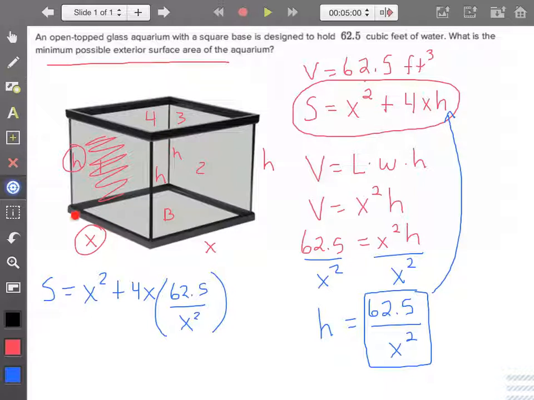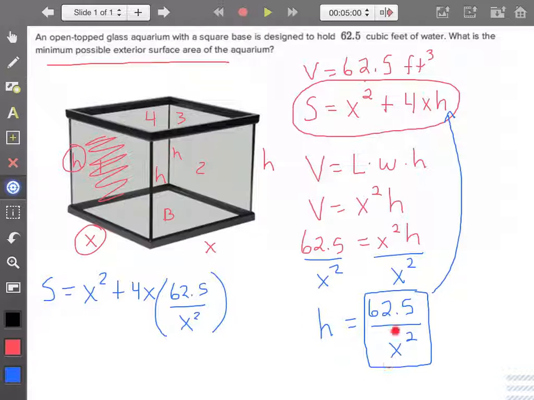Okay? So if this side's 5 and this side's 5, what I can do is I can go ahead and plug 5 in for x right here, right? And so I've got 62.5 equals 5 squared, which is 25, right? Or, remember we devised our formula for our height? Here's our formula for our height, right?